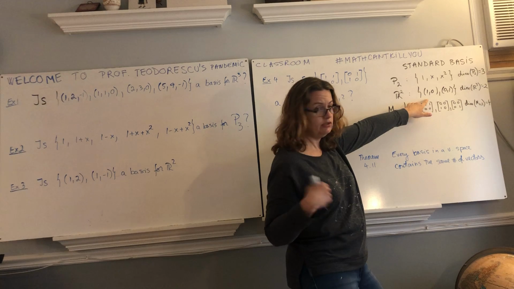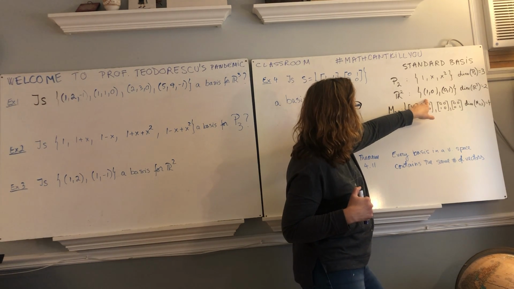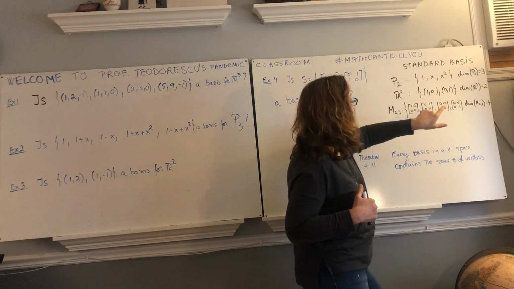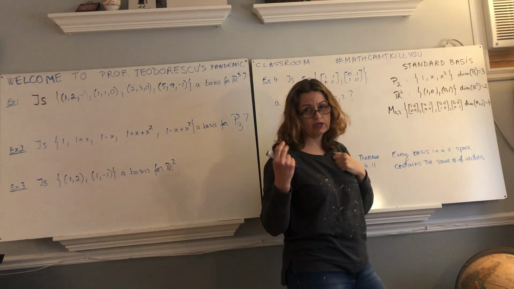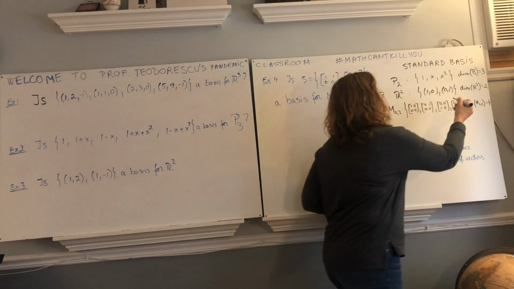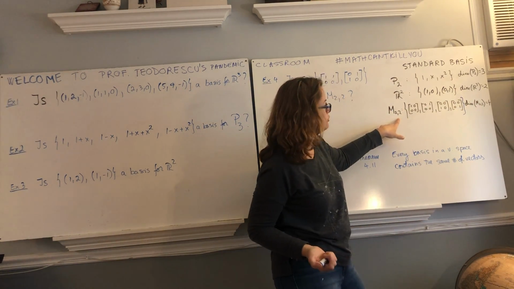We talked in the virtual class last time about the standard basis for R2, that's just i and j. The dimension of R2 is 2 because the standard basis contains two vectors. We also saw the standard basis for M22, that's 2 by 2 matrices.